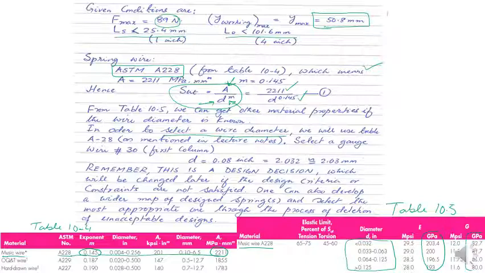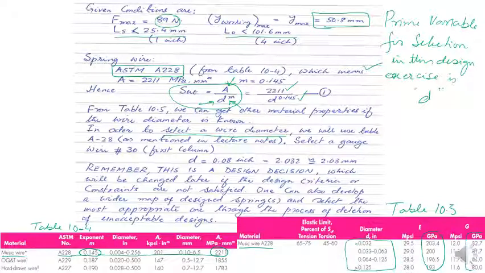So my prime variable for selection in this design exercise is D, which is the spring wire diameter. That's my primary variable.